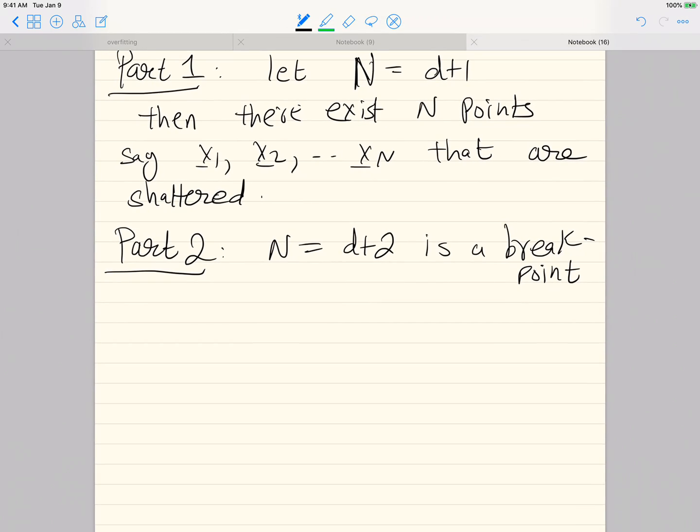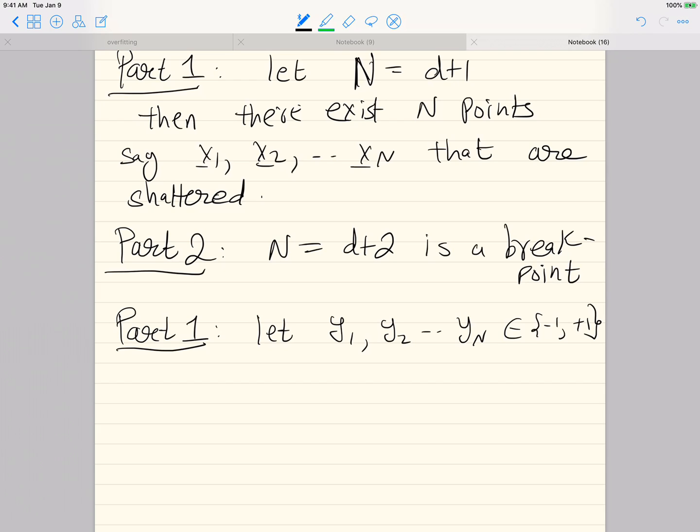So for part 1, we will say the following. Let y1, y2 up to yn, which are all -1 or +1, this is binary classification, be labels associated with x1, x2 up to xn. Okay?